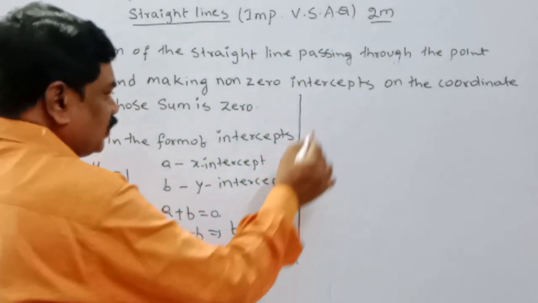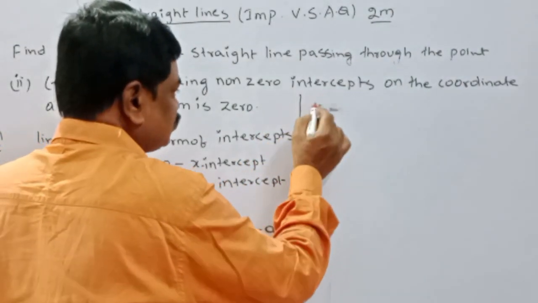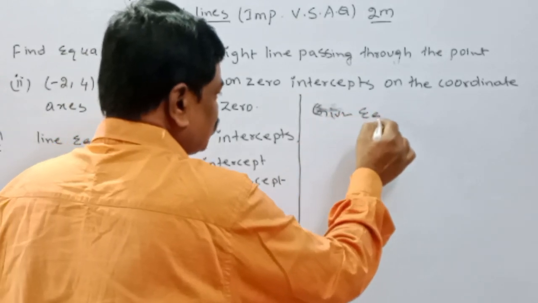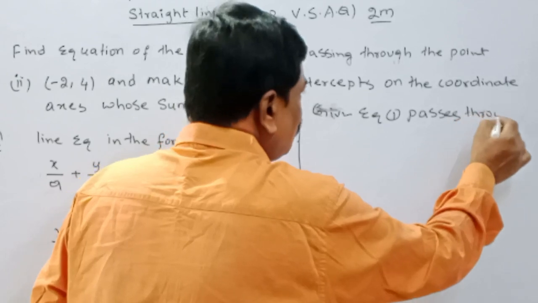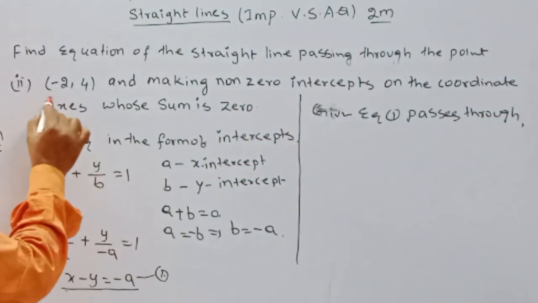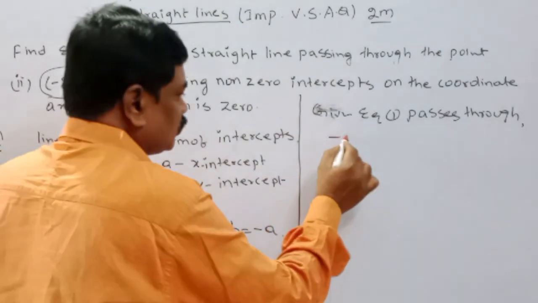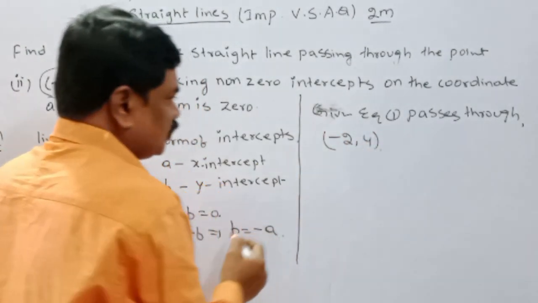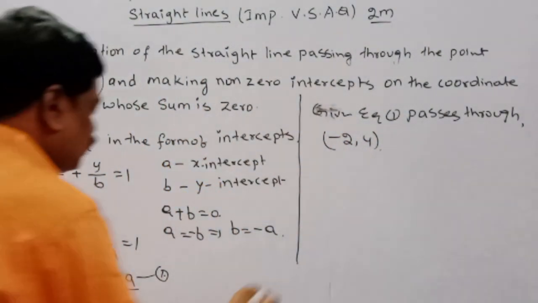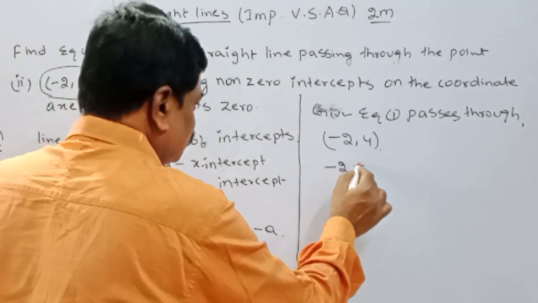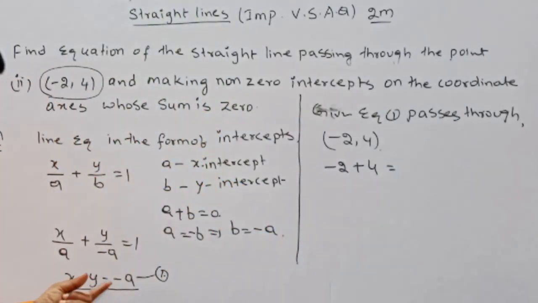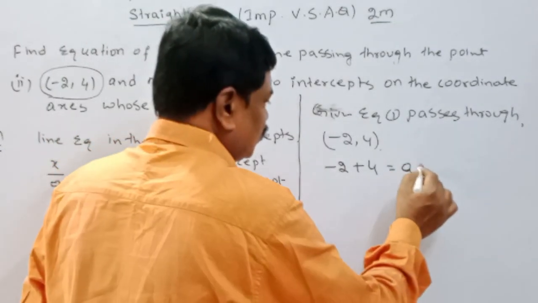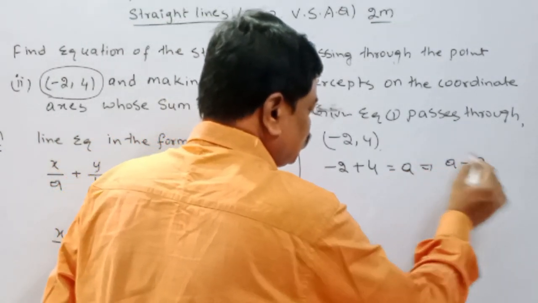And given equation 1 passes through minus 2, 4, then you have to substitute in this one, that is minus 2 plus 4 is equal to a, that implies a is equal to 2.